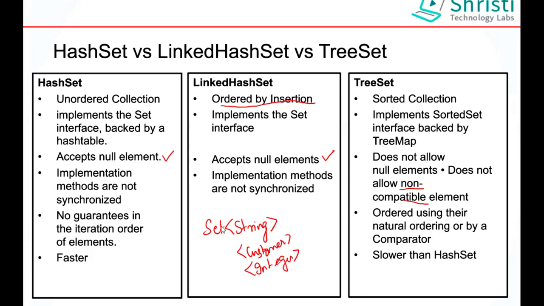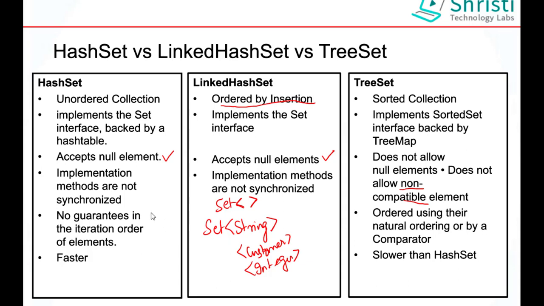But if I am creating a generic set without any type like string or customer or integer, in that case linked hash set and hash set will allow any type of object, be it string or customer or integer or order or employee. But coming to tree set, even in this case, it will not allow you to add non-compatible elements. If you are adding string, you should add only string. If you are adding customer objects, you should add only customer objects.